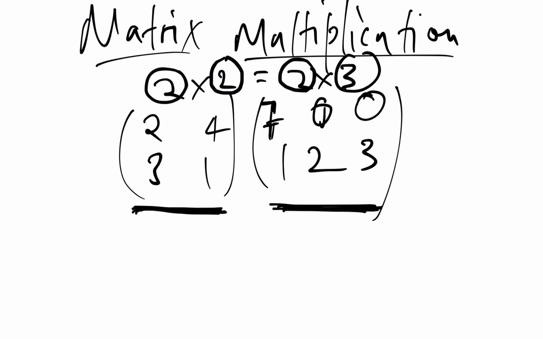So these inner numbers are important because they tell us if matrix multiplication will be possible or not, and the outer numbers tell us the order of our answer.